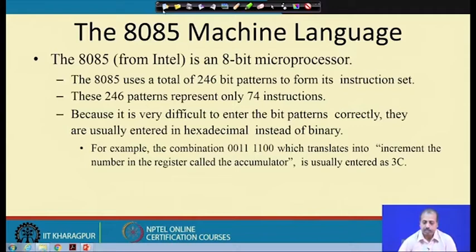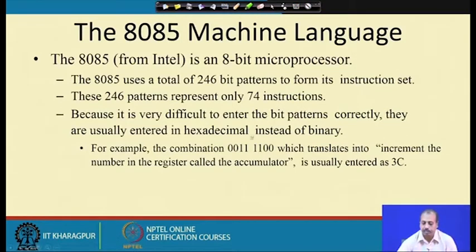For example, if the bit pattern that I have to enter is 00111100, in case of 8085 this corresponds to the instruction that increments the number in the register called accumulator. 8085 has a special register, the accumulator, and to the processor this particular bit pattern will mean incrementing the accumulator register.